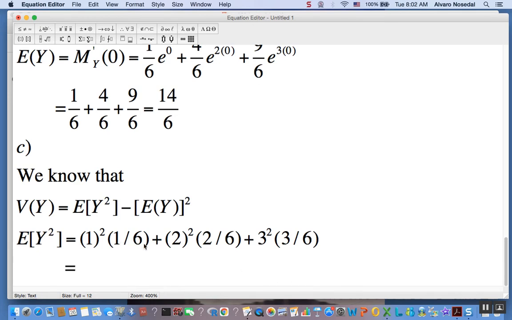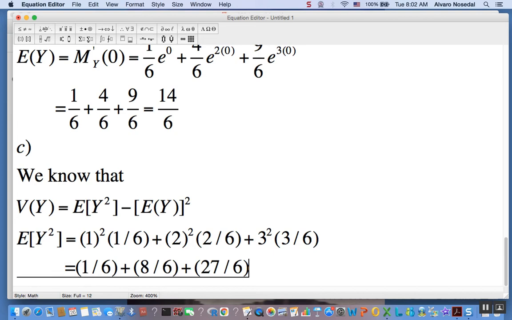So this will be 1/6, and then we're going to have 4 times 2, that's 8/6. Then we're going to have 9 times 3, which is 27/6.